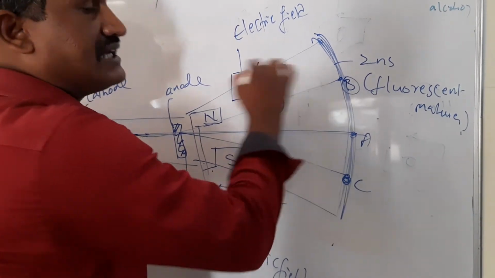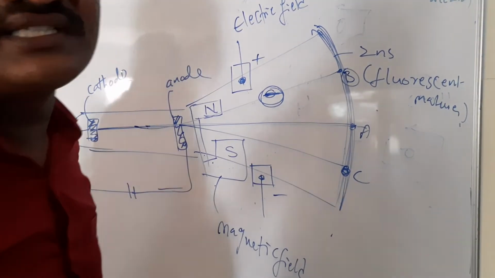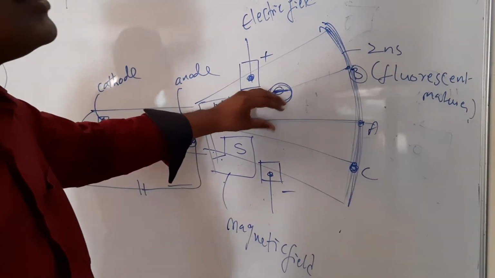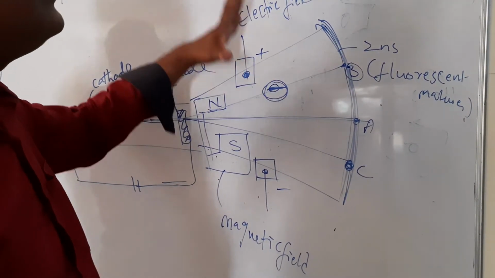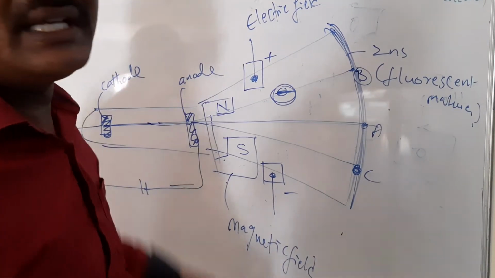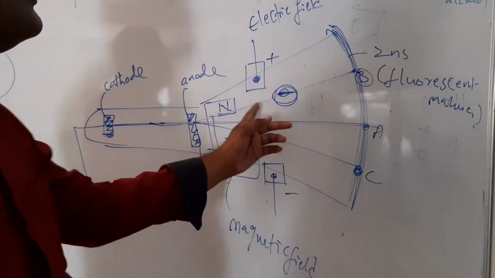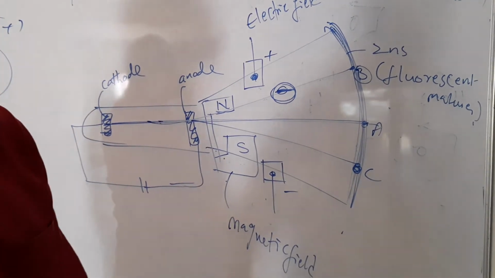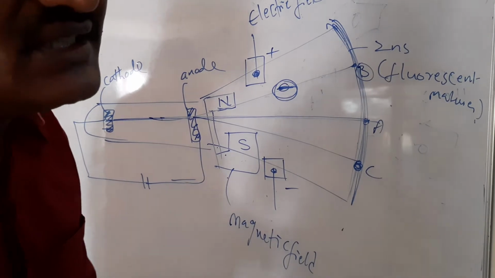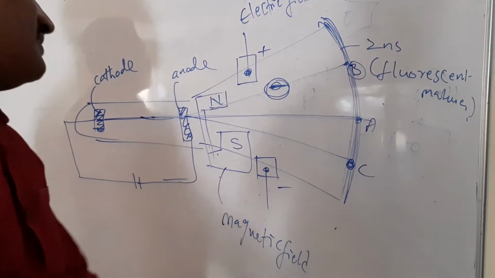As the charge magnitude increases, the deviation increases, and as the field strength increases, the deviation increases. Also, the lighter the particles, the more the deviation.